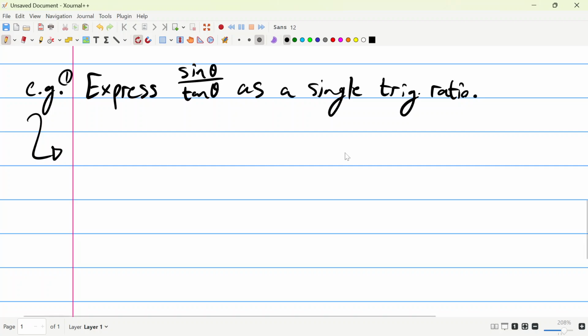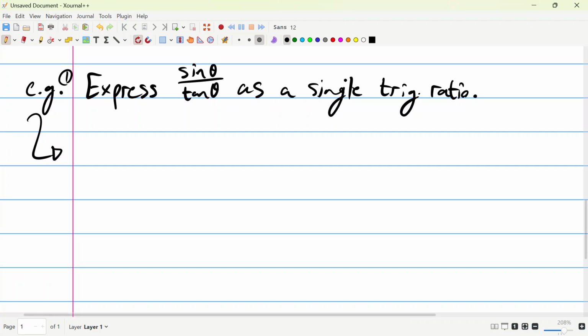So the first type of question that you could get is to express some expression as a single trig ratio, meaning we need to rewrite it in a way that we have either maybe sine, cos, or tan on its own, right? Or maybe a reciprocal of that. Sometimes they'll give a reciprocal, but usually you want one trig function on its own, right? So we're going to try and simplify it in that sense. So it's usually just simplification using identities, okay?